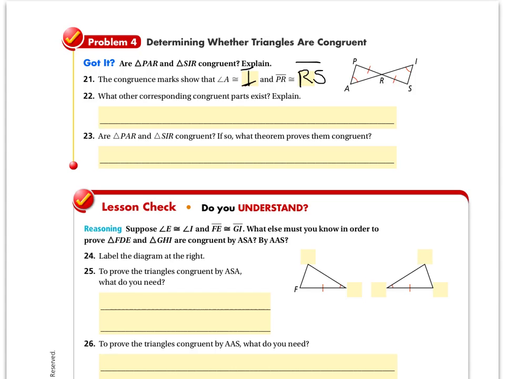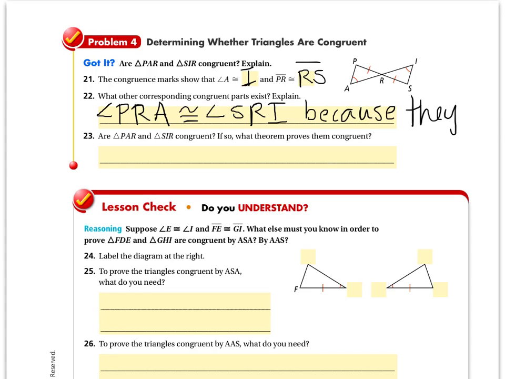That makes them congruent. Angle PRA is congruent to angle SRI because they are.